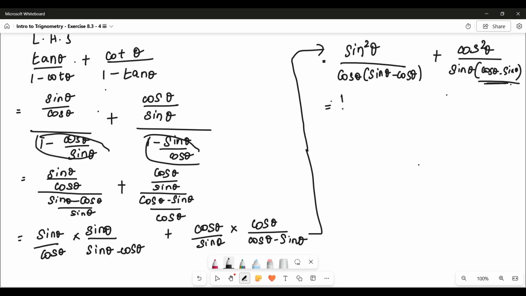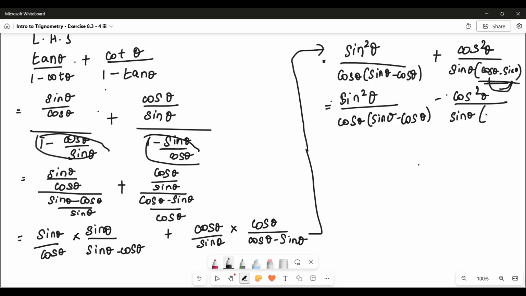This becomes sin squared theta over cos theta times sin theta minus cos theta. I want to convert the second term into sin theta minus cos theta, so I'm taking the minus sign outside. This becomes cos squared theta over sin theta times sin theta minus cos theta. The negative sign before the sin theta becomes positive and the cos theta becomes negative, so we write it as sin theta minus cos theta.